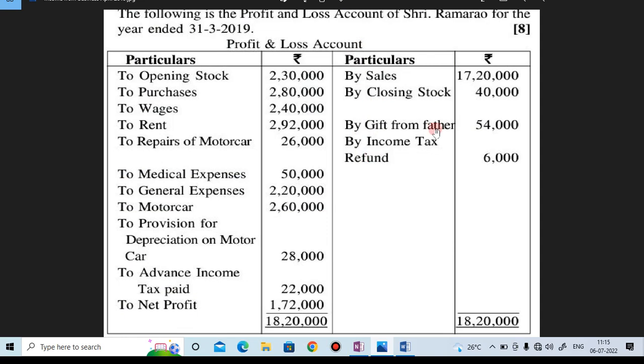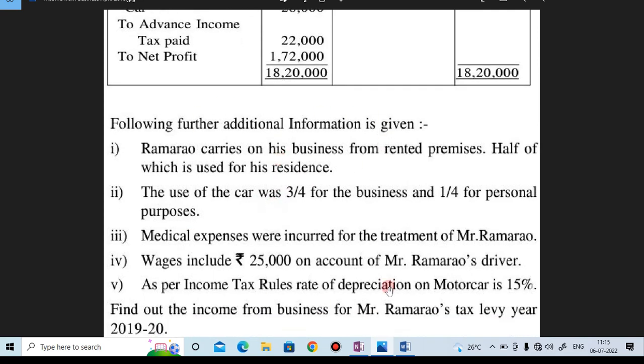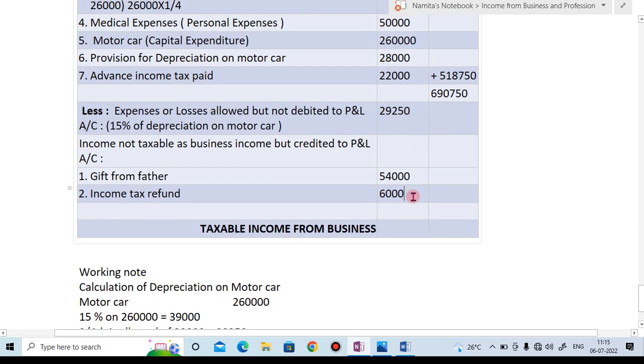Now all the items of the credit side are completed, and we have taken all the adjustments into consideration. Now we have to find the taxable income from business. So add all these: 29,250 plus 54,000 plus 6,000, we get 89,250.